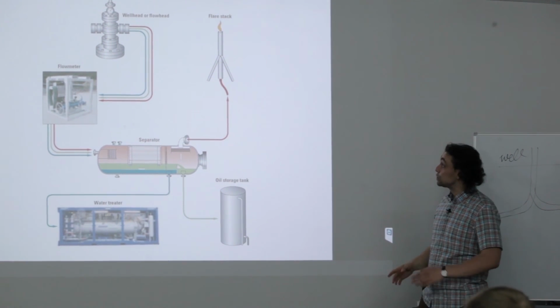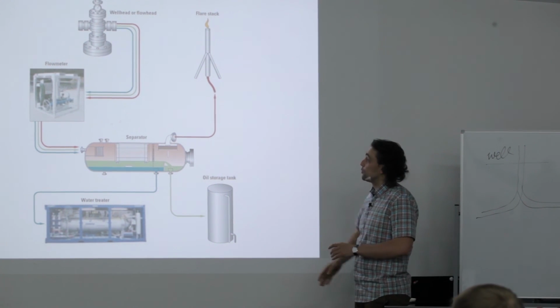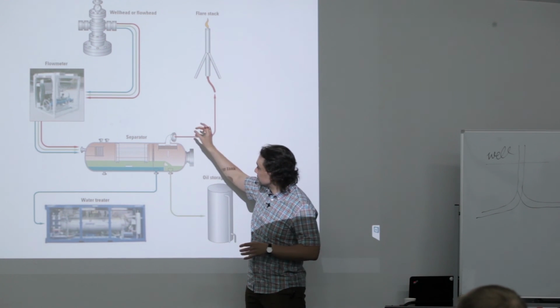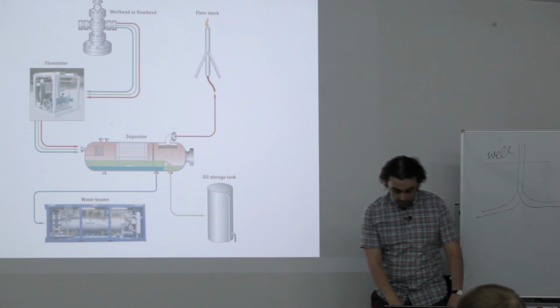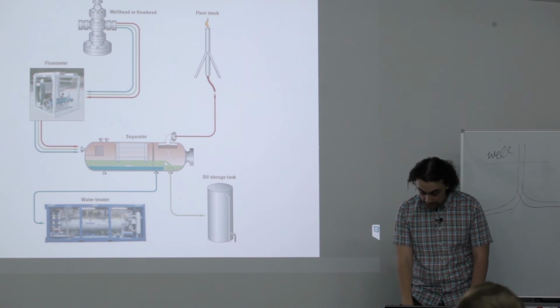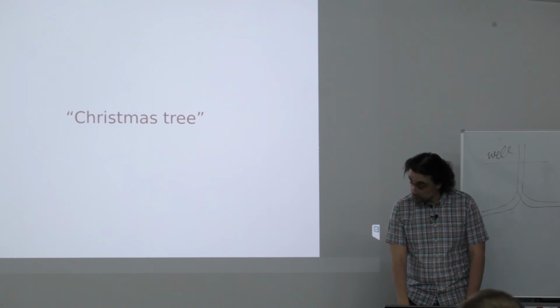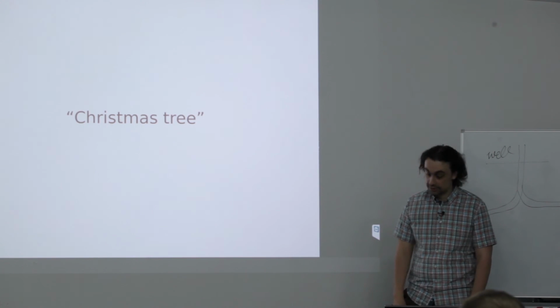What we want to do is gather information, because in each part of this equipment we put a sensor here, here, here, here. This is a big amount of sensors. Oil people call the wellhead a Christmas tree because it looks like a Christmas tree.